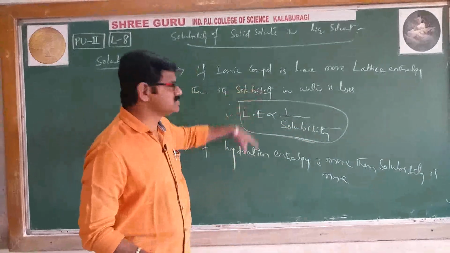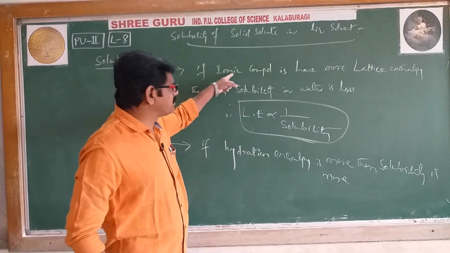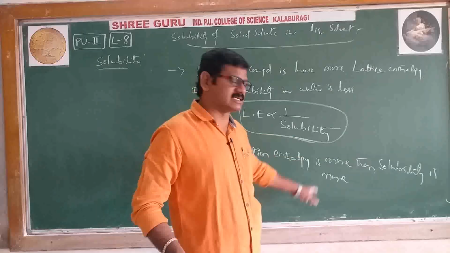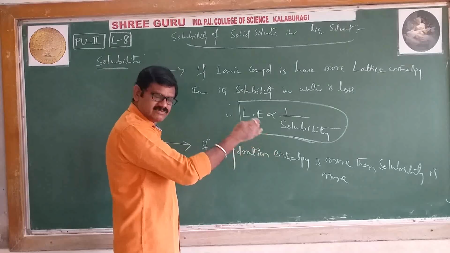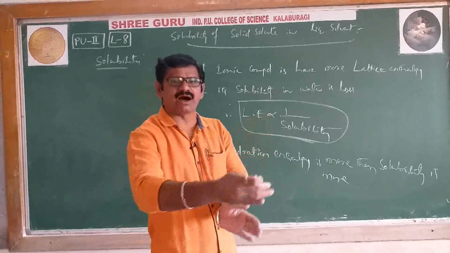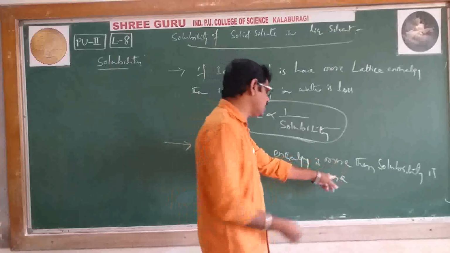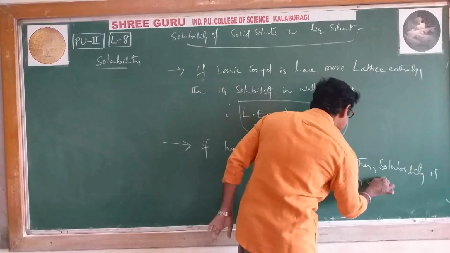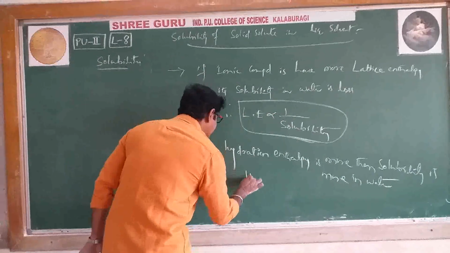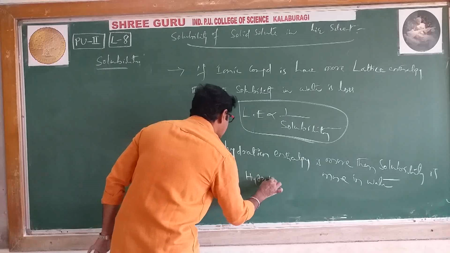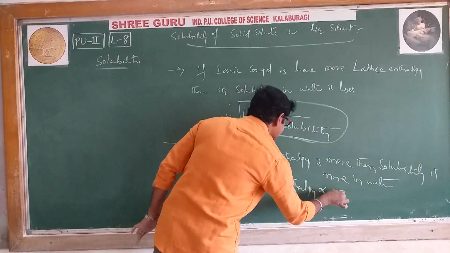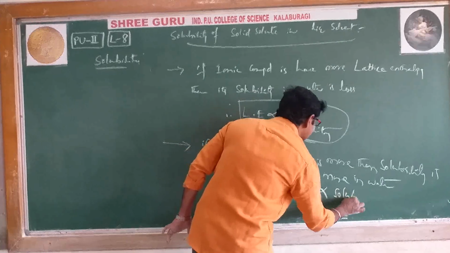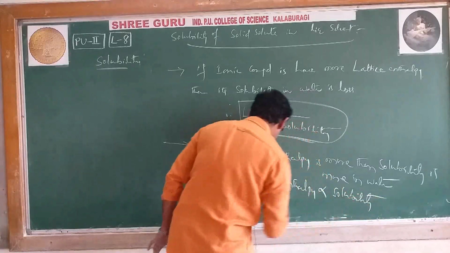Both are opposite to each other. If lattice enthalpy is more, solubility is less. But if hydration enthalpy is more, obviously the solubility of that solute in water is more. Therefore, hydration enthalpy is directly proportional to solubility. Remember, that's it.